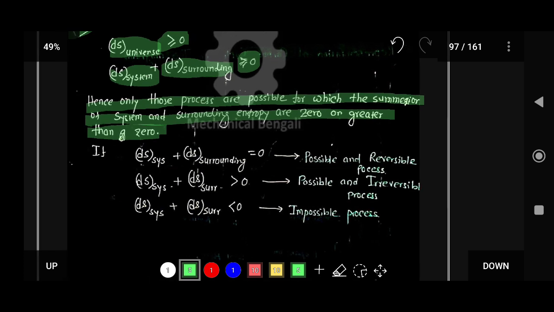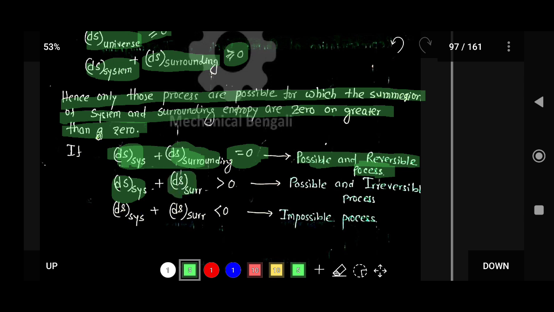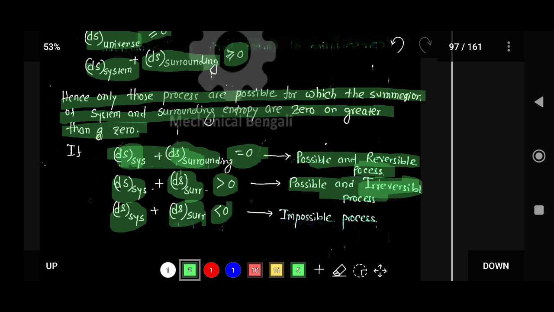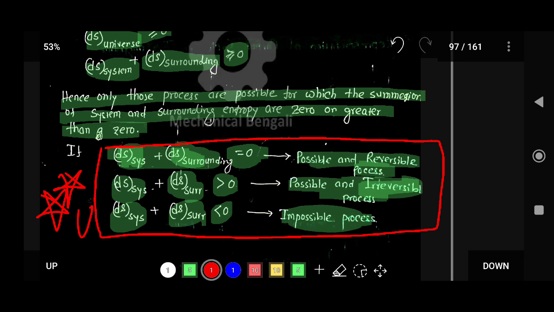If dS system plus dS surrounding is equal to 0, then it is a possible and reversible process. Remember this. If dS system plus dS surrounding is greater than 0, it is a possible and irreversible process. And if dS system plus dS surrounding is less than 0, then it is an impossible process. This is very, very important. Remember this information.